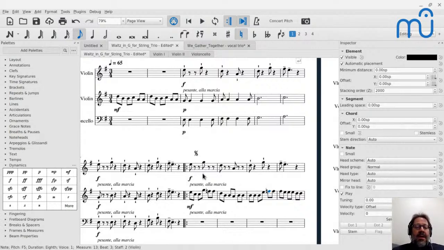groupings of three. So if I really wanted to hear this as saying 1, 2, and 3, 1, 2, and 3, 1, 2, and 3, if these were supposed to be these syncopations against a 1, 2, 3, I think this line needs to be rewritten a little bit.